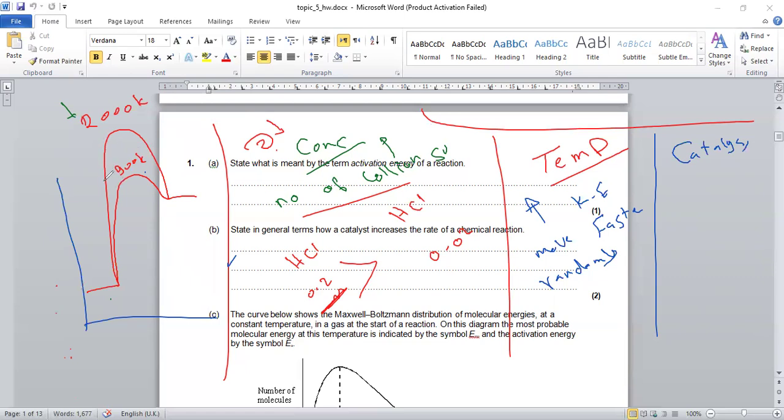How can we increase the rate of chemical reaction? By decreasing the activation energy by using a catalyst. This is the role of the catalyst. The catalyst will decrease the activation energy needed by the reactants. You do not have to supply all this amount of energy; you just need to activate to 900 by using a catalyst. How does the catalyst do that?